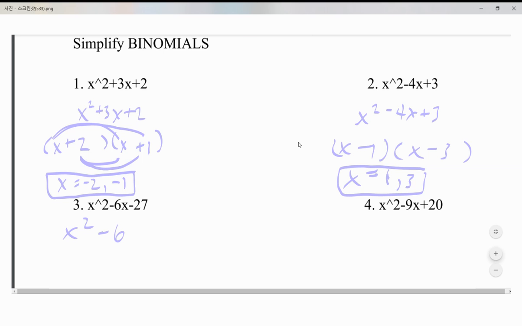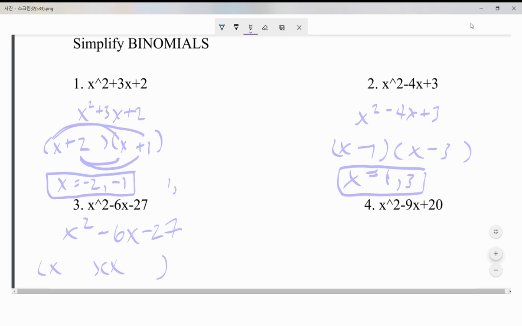Next is x squared minus 6x minus 27. You factor this starting with x's again. And if you see, you have to find the factors of 27, right?